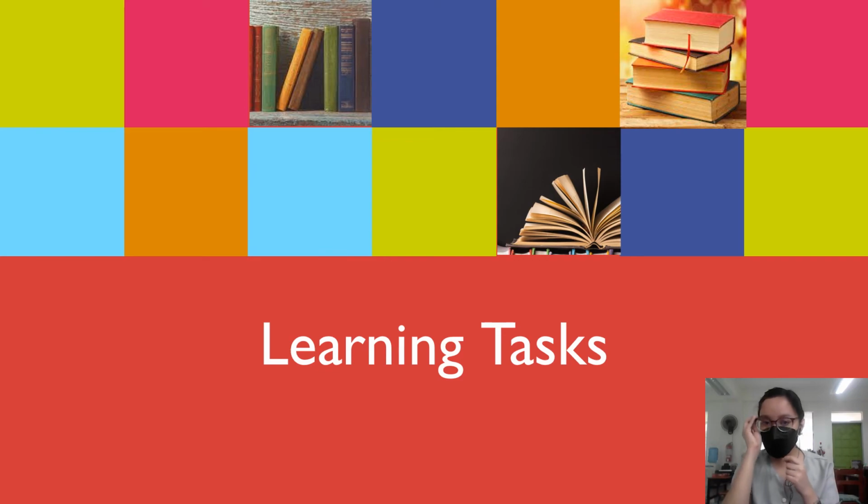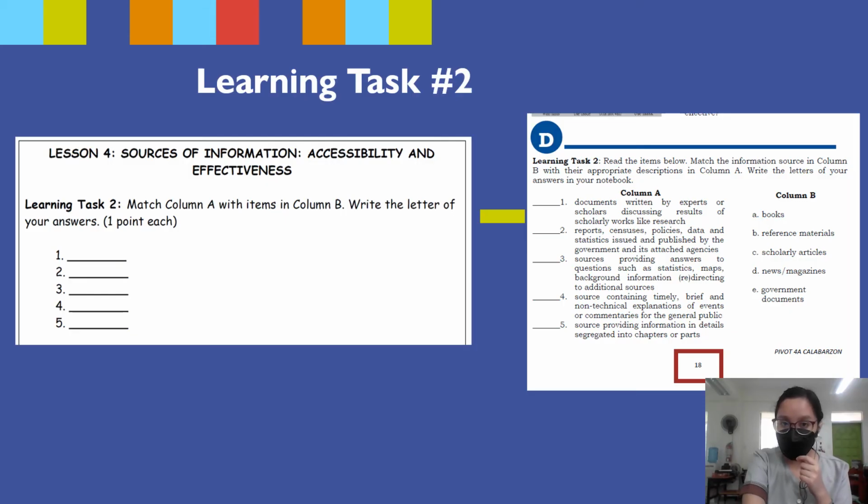So, let's go to your learning task. When we say learning task, let's proceed to the first learning task. So, that's learning task 2. What are you going to do here? You're just gonna open your module on page 18, read the statement, and then match it to column B. Yeah, answers only.